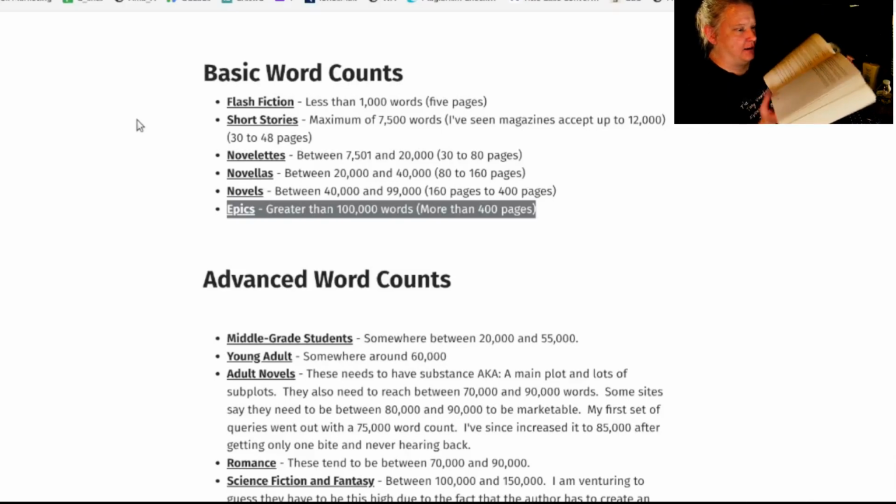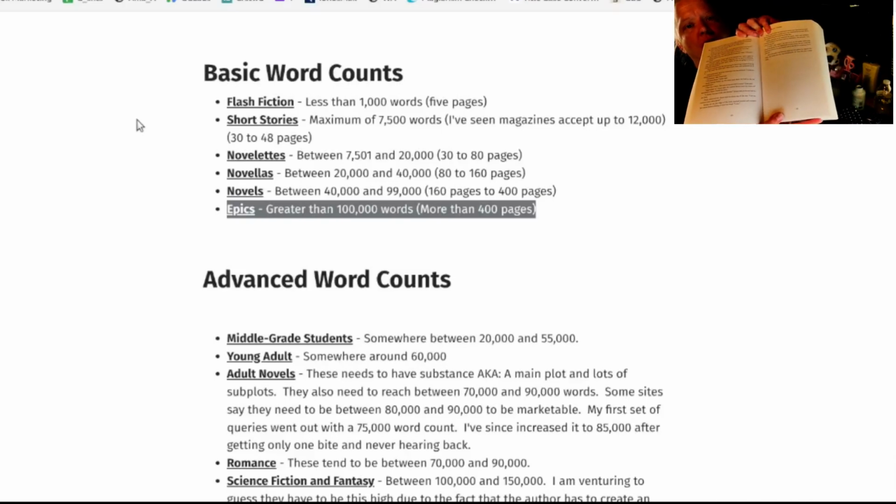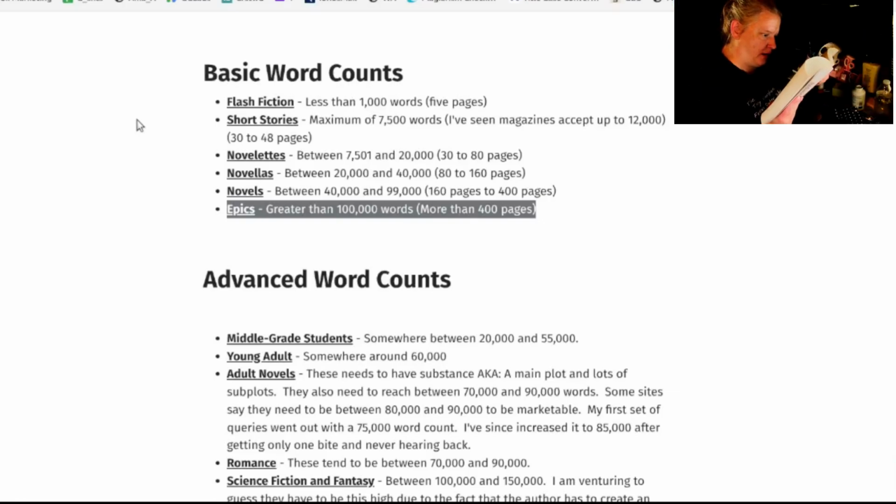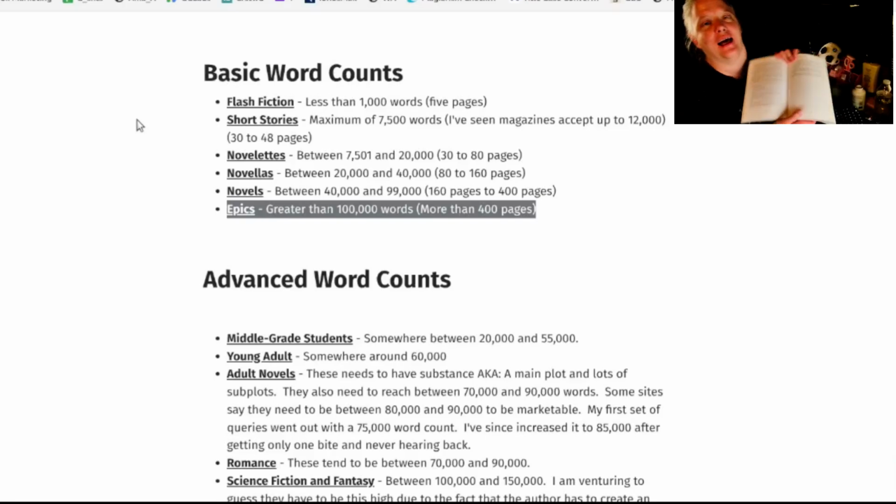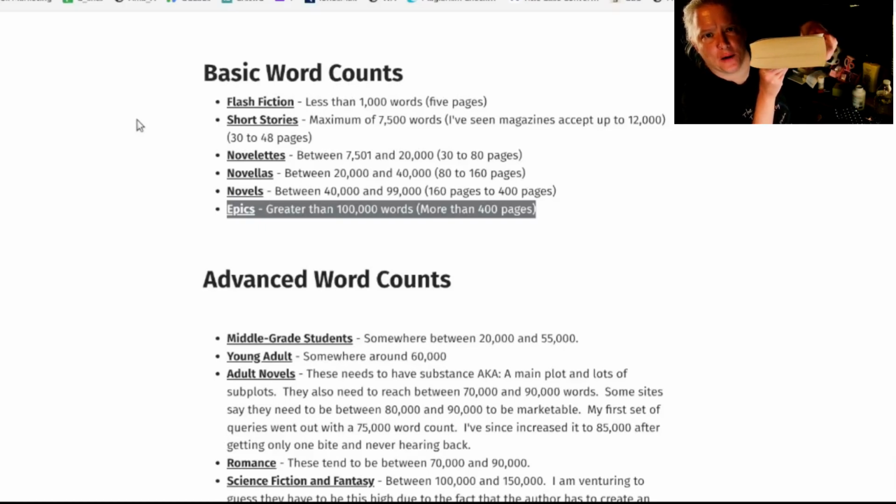And it is not in size 12 font. I'm just saying. These pages are a nap. So, yeah. This is an epic book.